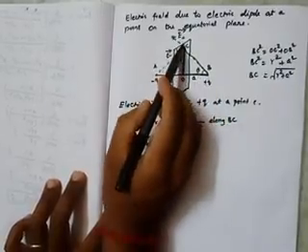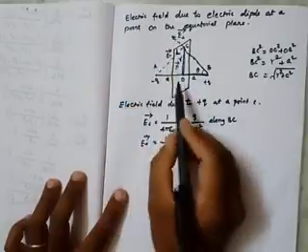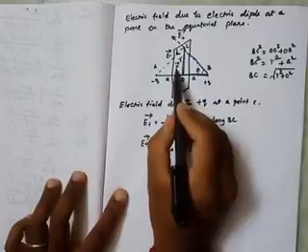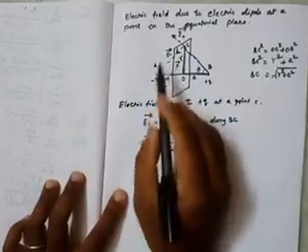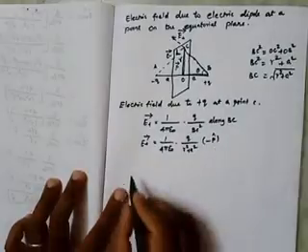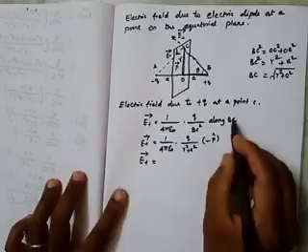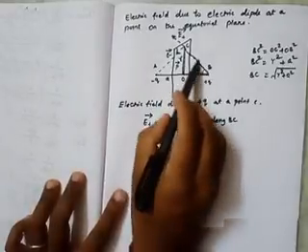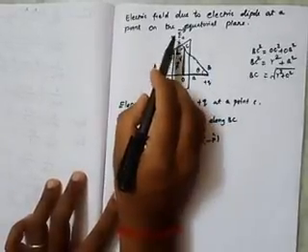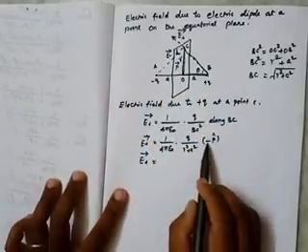So this E plus vector acts opposite to the p vector. Opposite to the p vector means we can write minus p cap. Along BC has a direction opposite to the electric dipole moment, so we write minus p cap.